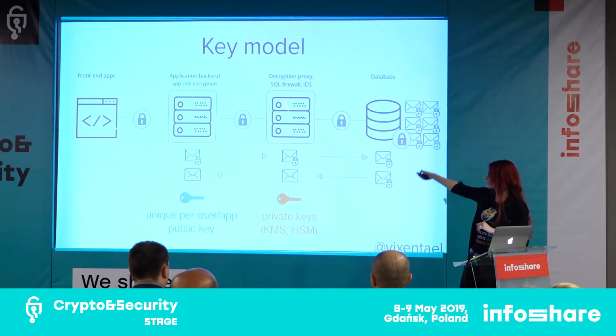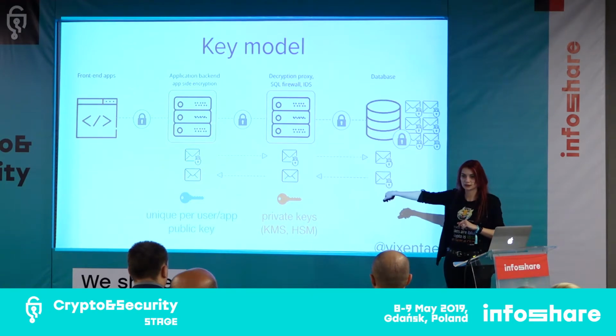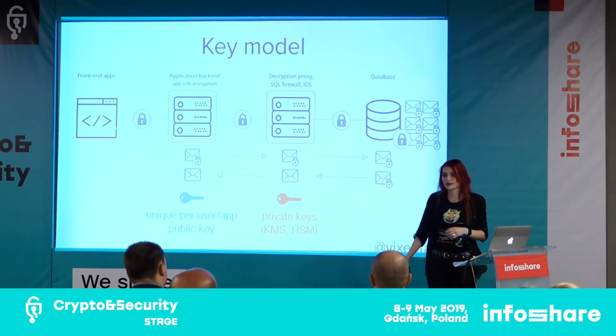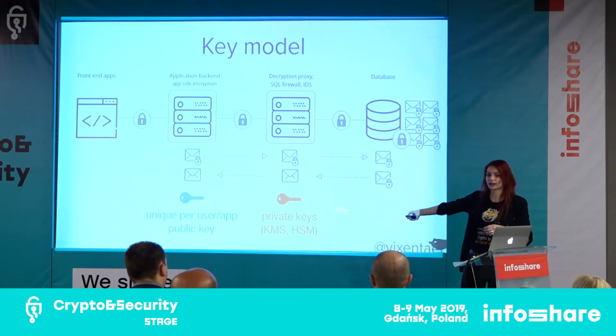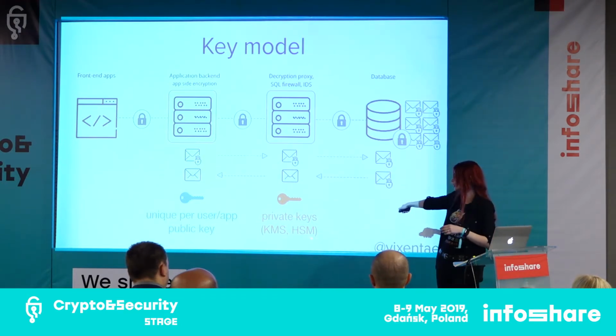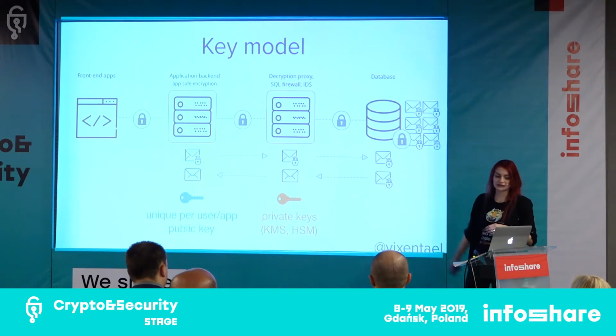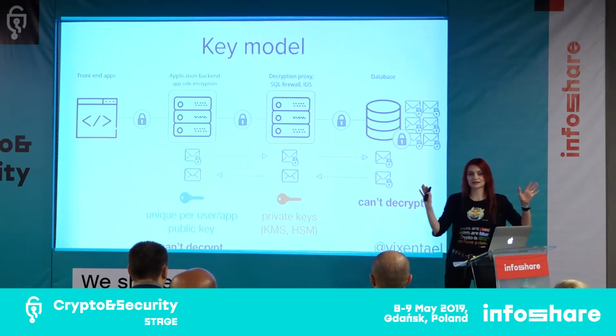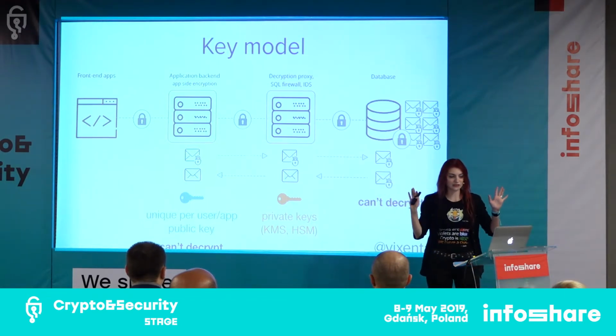The decryption proxy has private keys, which of course are stored encrypted, and the master key is stored somewhere in HSM, KMS, whatever you have in the infrastructure. But only the decryption proxy has a private key, which is not very obvious. The application backend can't decrypt the data. The database can't decrypt the data. The database doesn't know the nature of data.